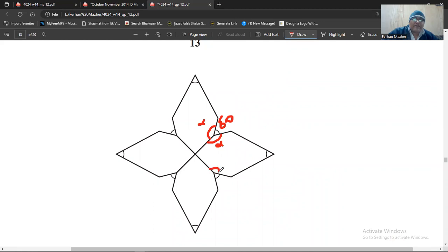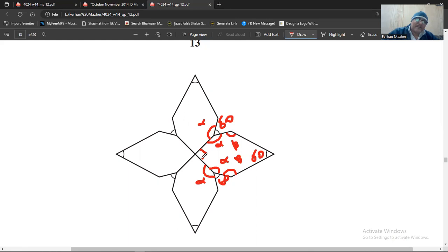This angle will also be alpha. This is 60. And this angle will be alpha. Let me say this angle is, suppose, beta, and this angle will also be beta. This angle is how much? 60.